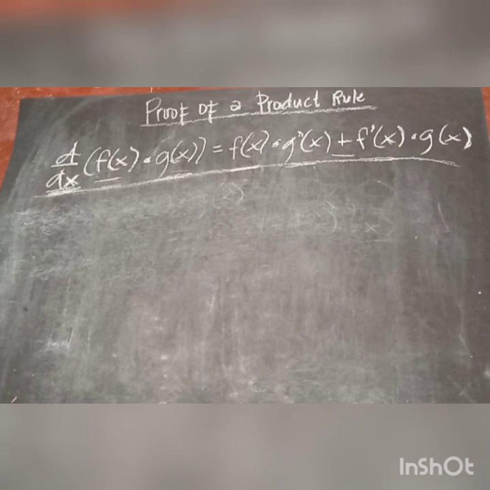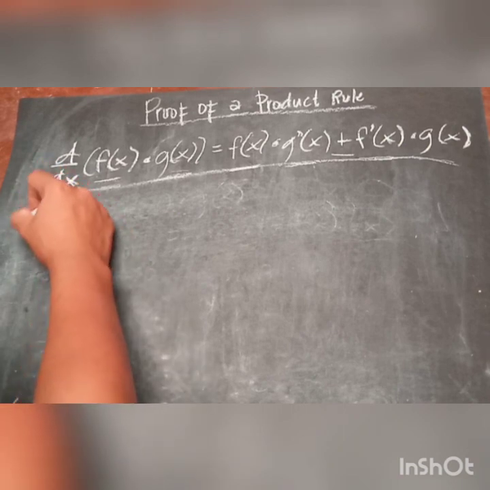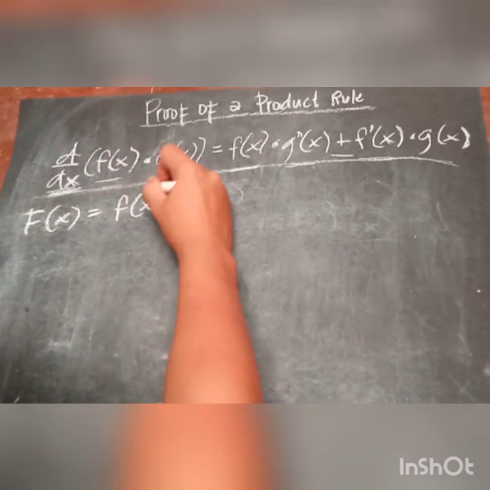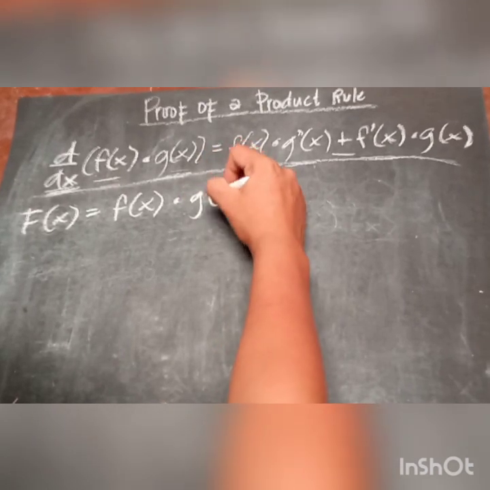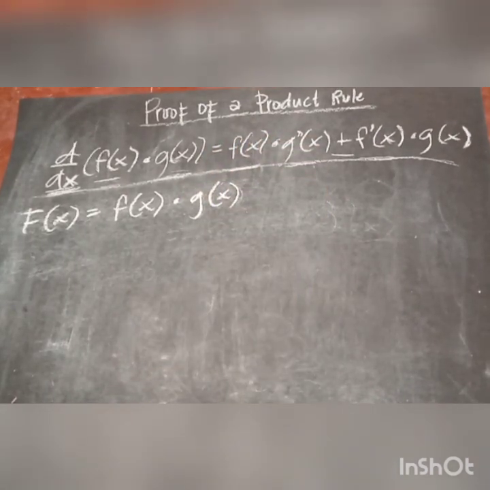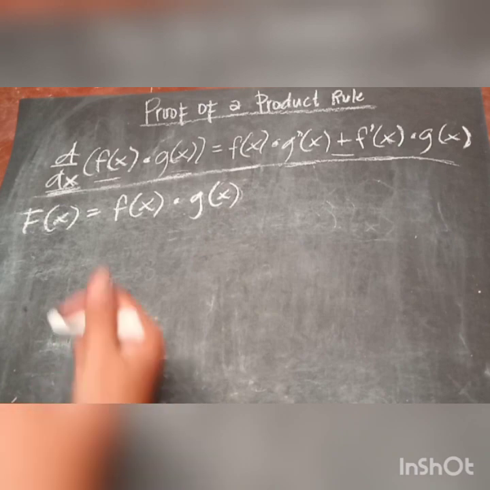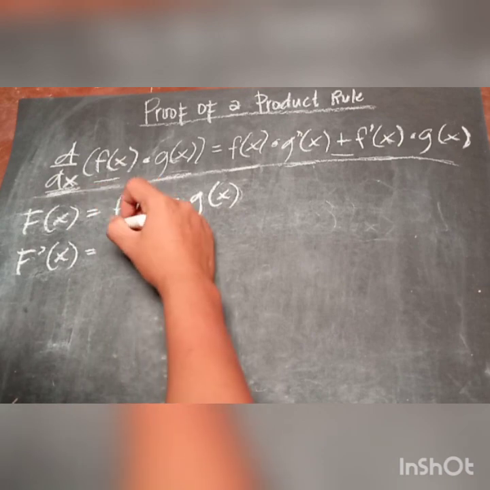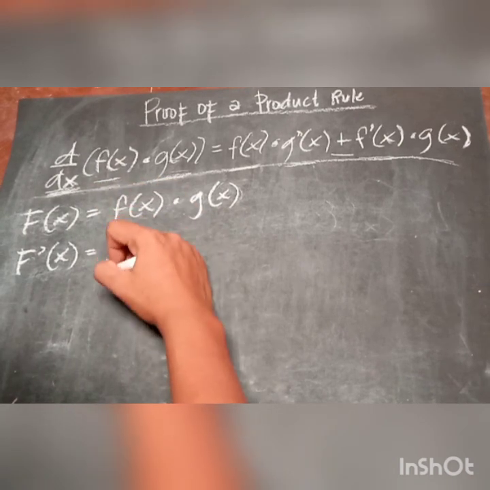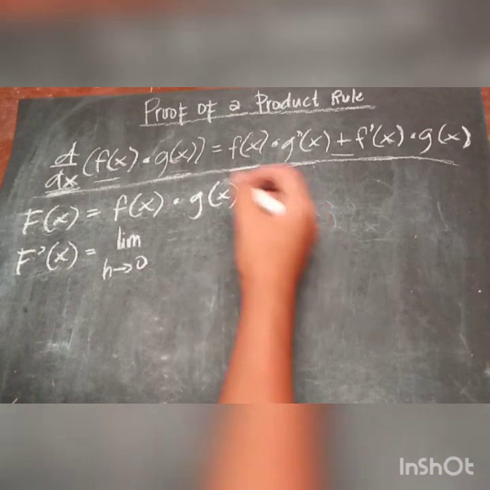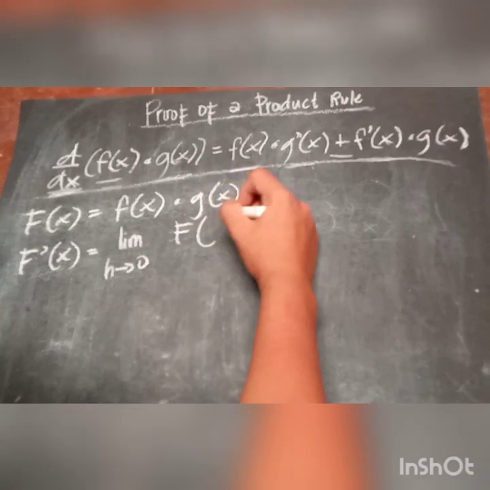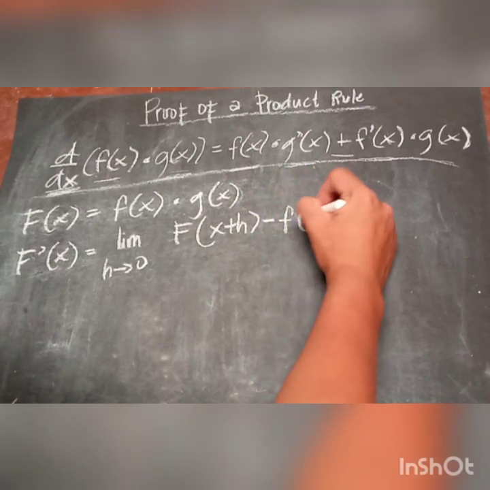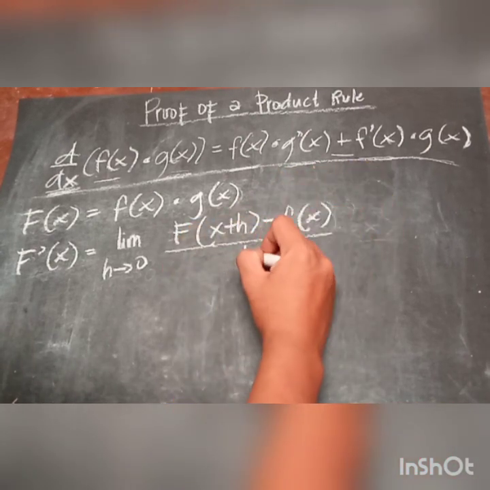What I'm gonna do is let capital F of x equal f of x times g of x, and we will use the definition of the derivative. Capital F prime of x is equal to the limit as h approaches 0 of capital F of x plus h minus F of x all over h.